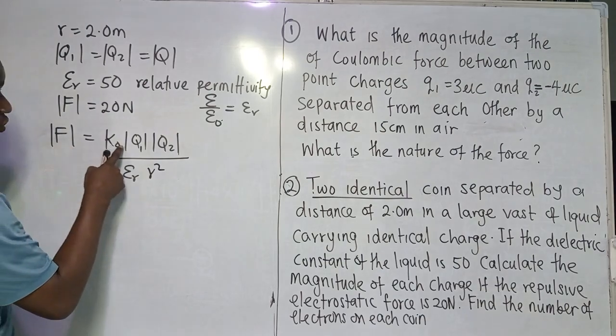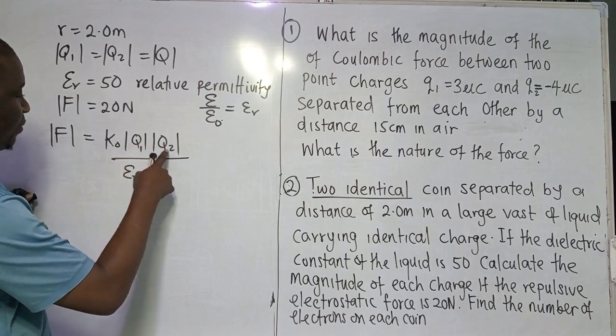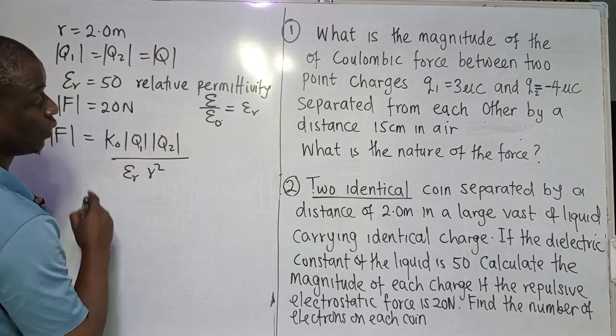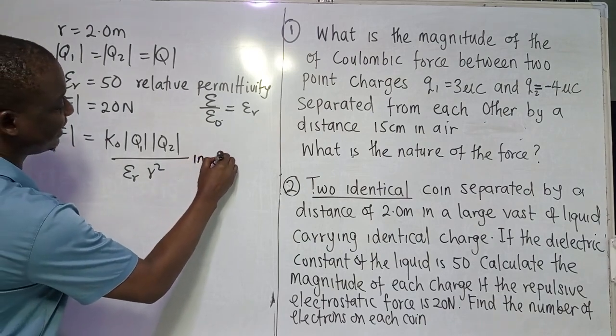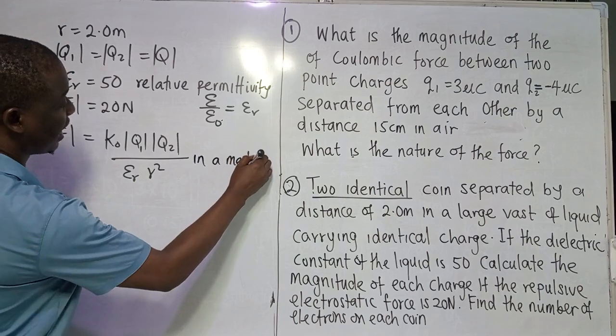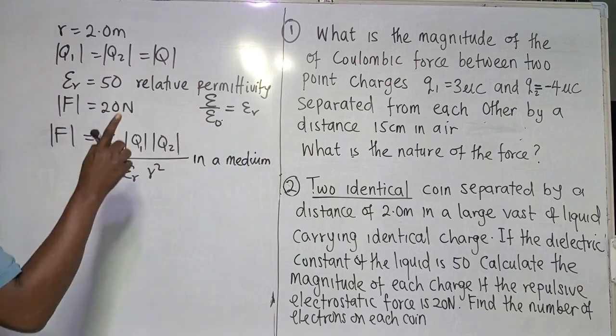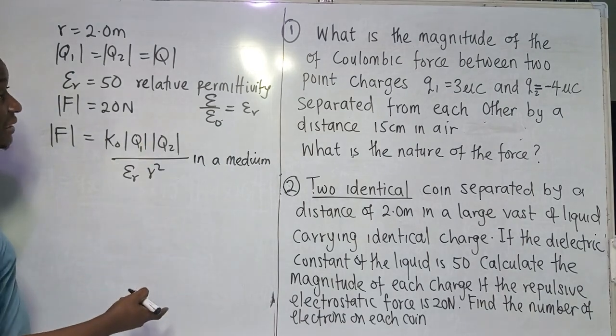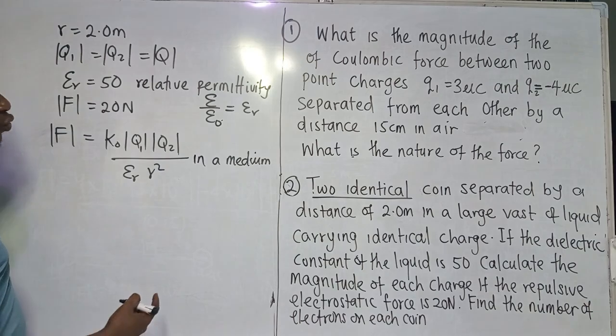Not epsilon, please, Q1 Q2 divided by epsilon R squared. This is in a medium. I said it, the first question was talking about in air, while number 2 is talking about in a medium.